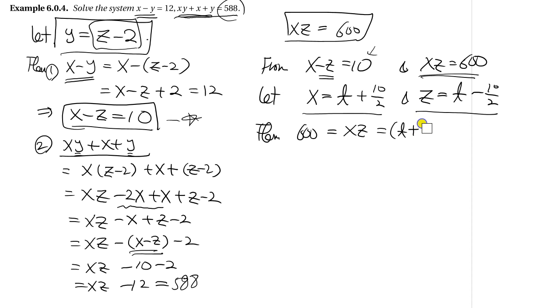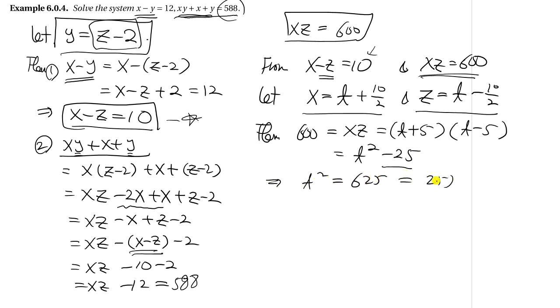Let me change it. It's 5, right? And z is t minus 10 over 2, which is t minus 5. So it's very simple. It's t squared minus 25, right?